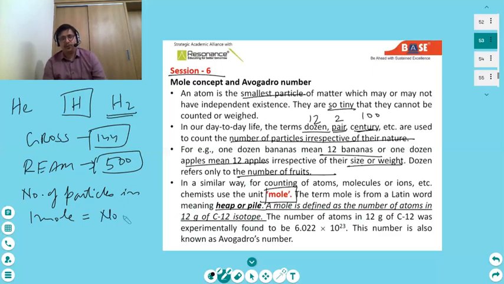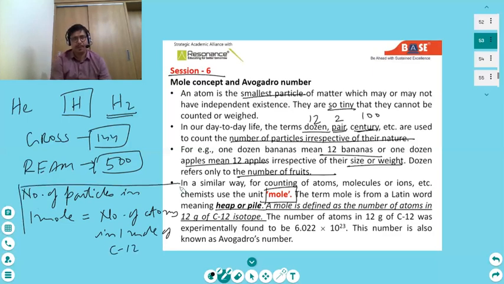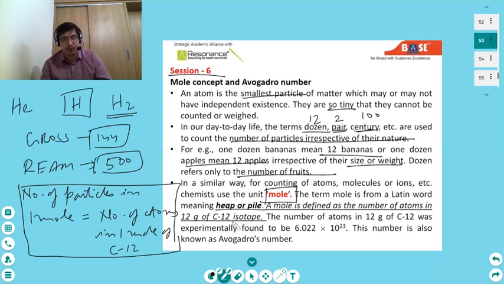And it is equal to the number of atoms in 1 mole of carbon-12. That is the meaning of this. So 1 mole is defined like this. Number of particles in 1 mole is equal to number of atoms in 1 mole of carbon-12.